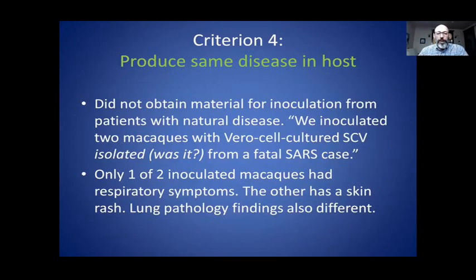However, out of those 2 macaques, and they only did this with 2, only one of them had respiratory symptoms. So even if you say that they really did inoculate them with something isolated from a sick person, they didn't cause the same disease in both of the hosts, only in one of them.